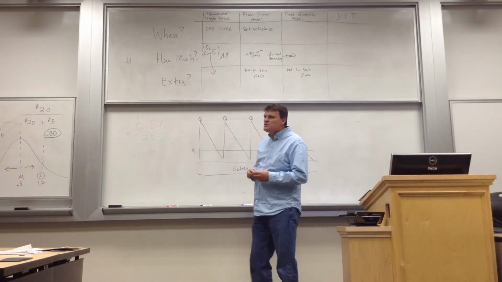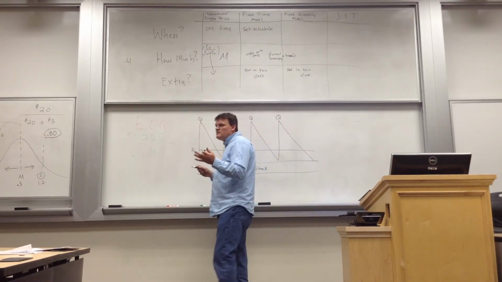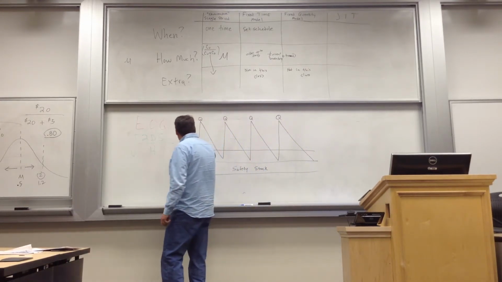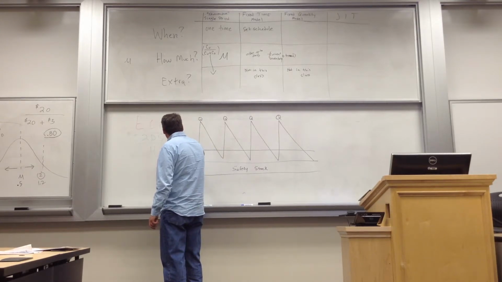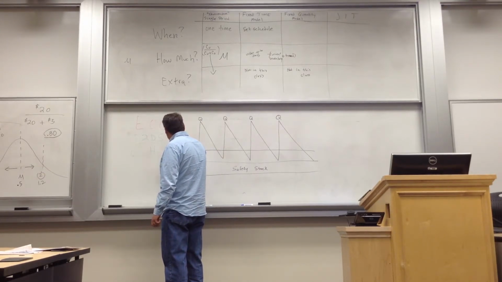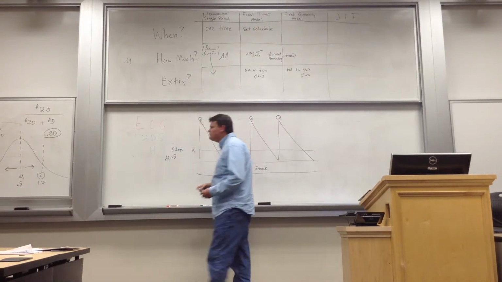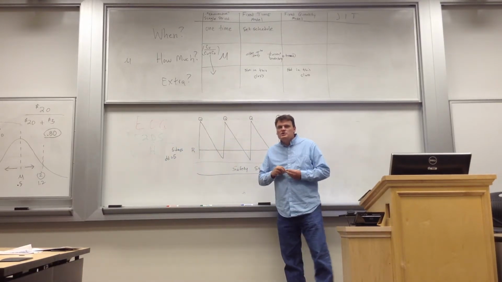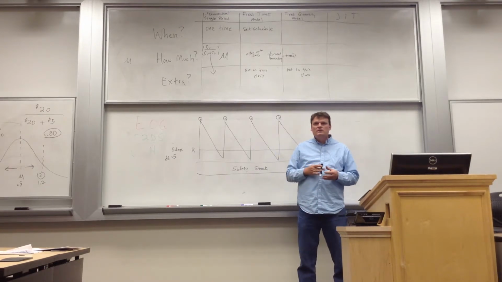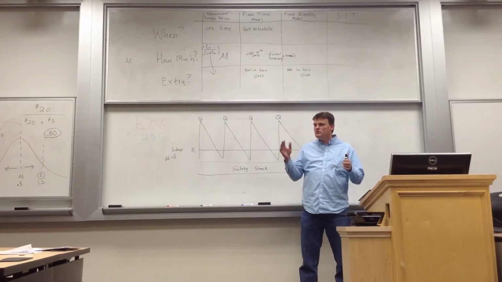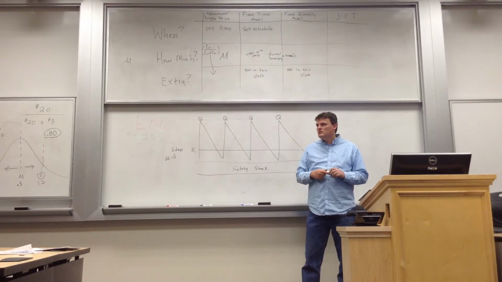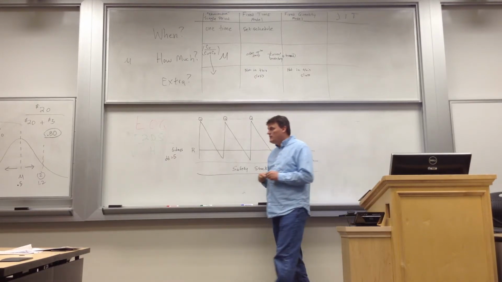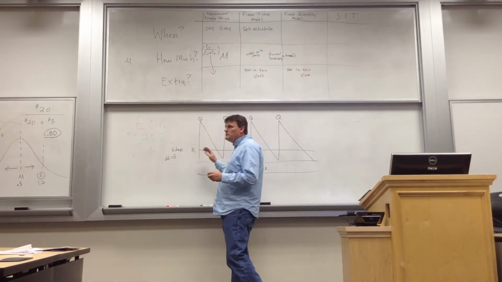So what an EOQ system does is, let's pretend it takes 5 days, and our daily demand is 5. What's the system going to do when I hit 25 units in stock? It's going to kick out an order.